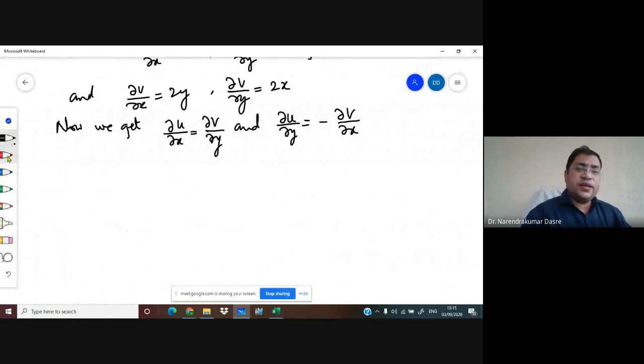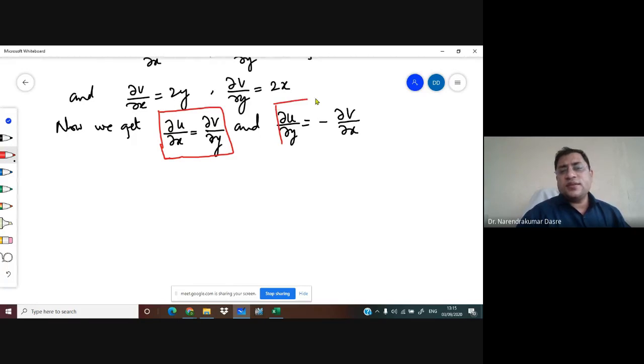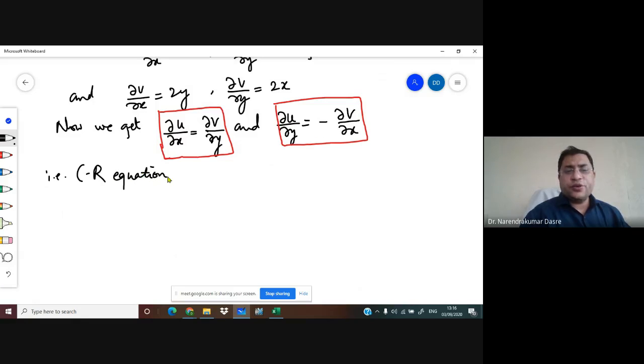So this equation is one of the CR equations, this is the next CR equation, and hence what we can say is the Cauchy-Riemann equations. As I said, you can use the abbreviation. So the Cauchy-Riemann equations are satisfied.